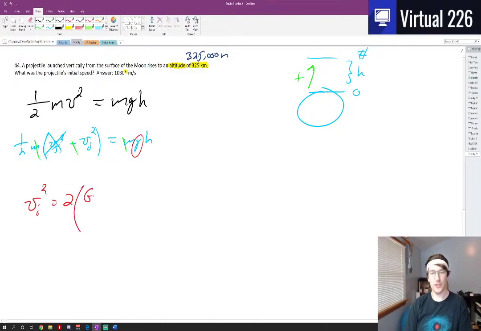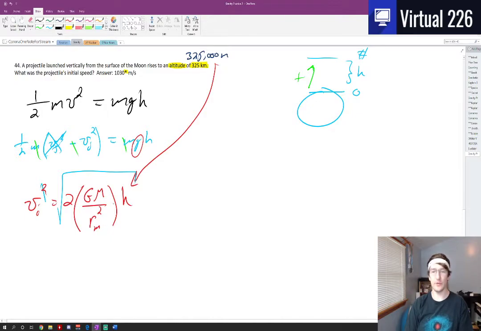They'll say g is GM over r squared, where r is the radius of the moon, times some height, which is this altitude here. And if you want to get rid of that square, we take the square root of both sides, and we'll call it a day, right?